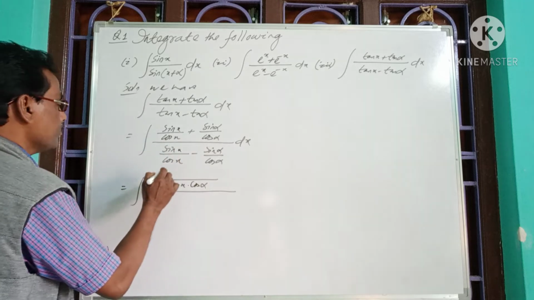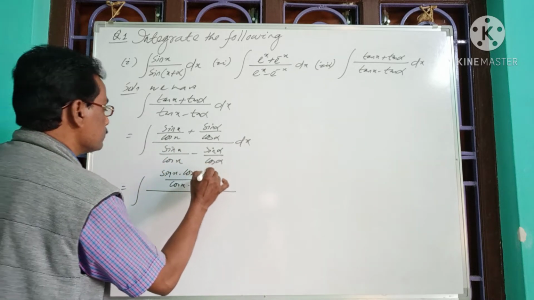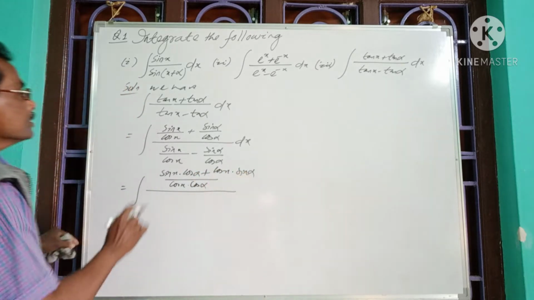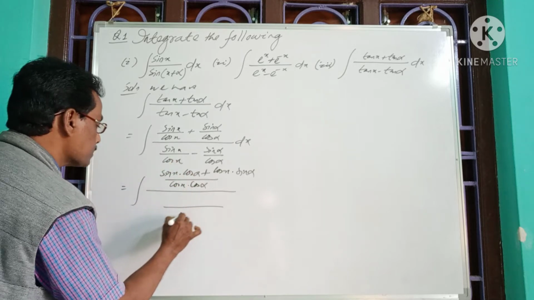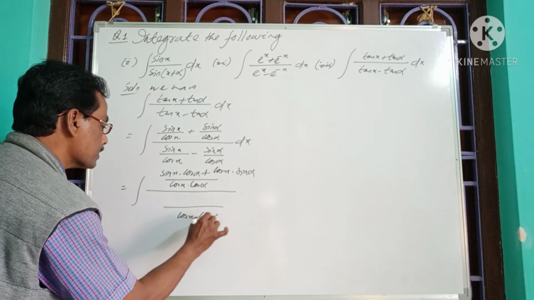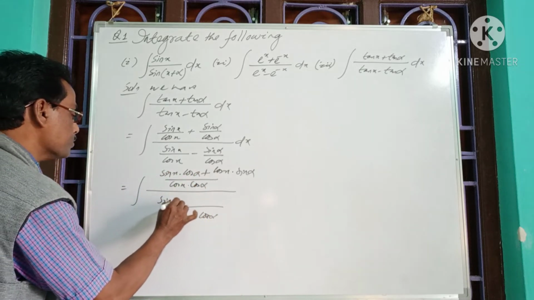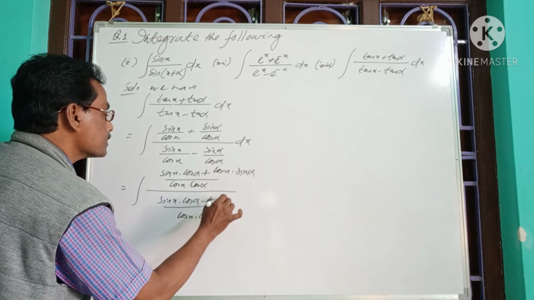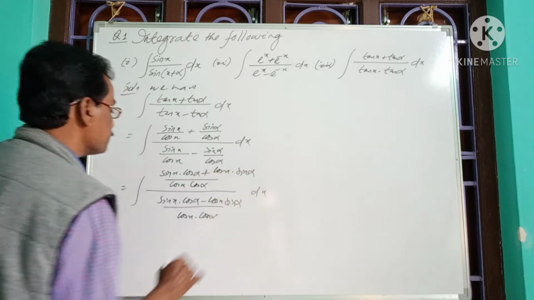So adding, we have sin x into cos alpha plus cos x into sin alpha in the numerator. In the denominator we have the LCM cos x into cos alpha, and simplifying we have sin x into cos alpha minus cos x into sin alpha, whole integration with respect to x.